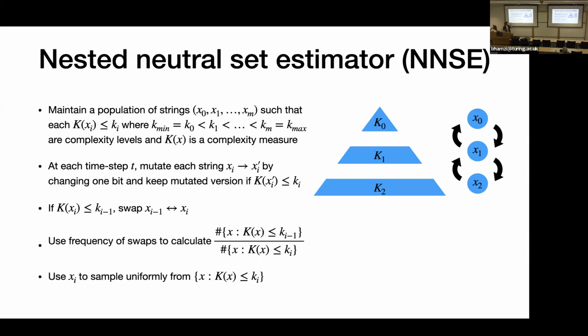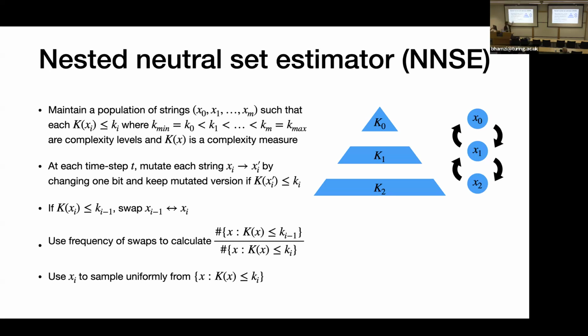If it's not, then you keep the old string that was at that level. Also, if a string has a complexity that's lower than its complexity level, you can swap it with the string at the lower complexity level. So you have two actions, mutation and swapping. Mutation is basically a random walk, and swapping is basically parallel tempering, which allows you to escape local minima and explore the space better.